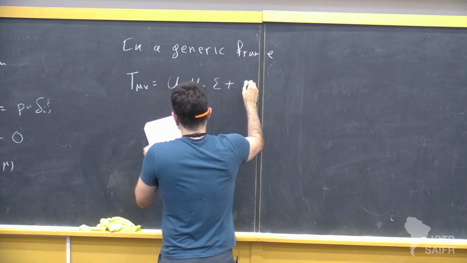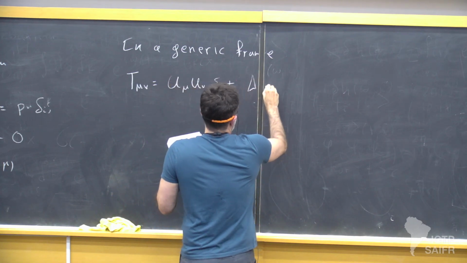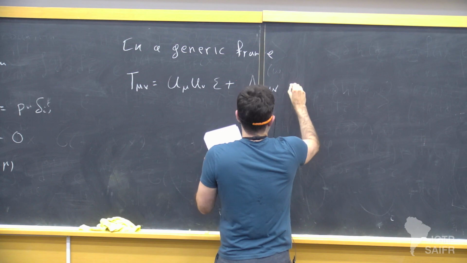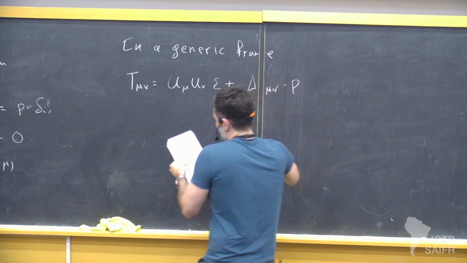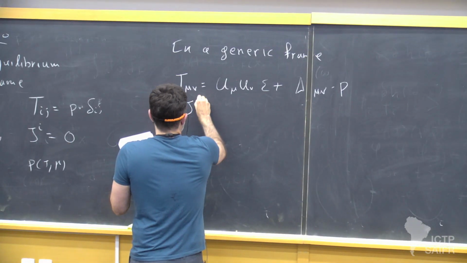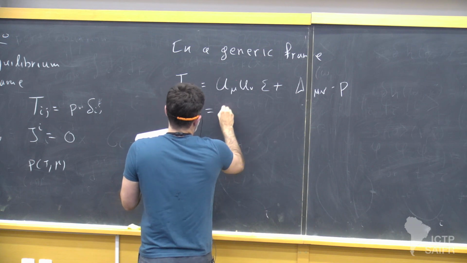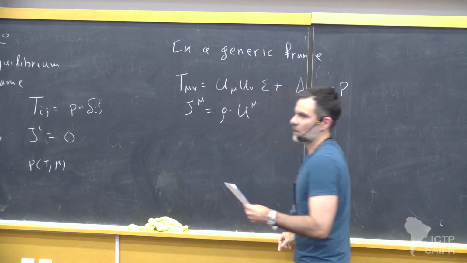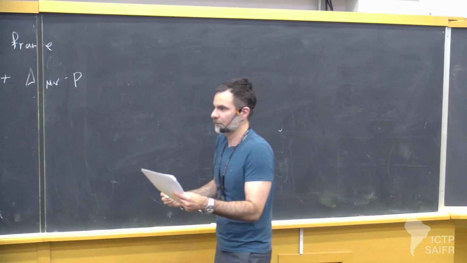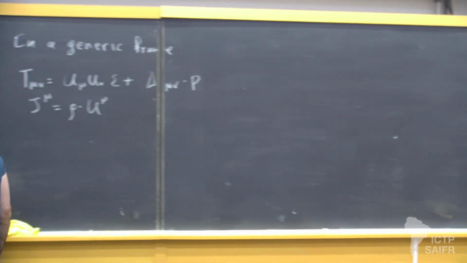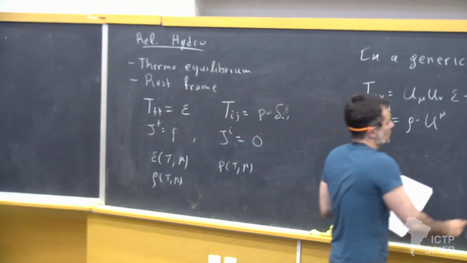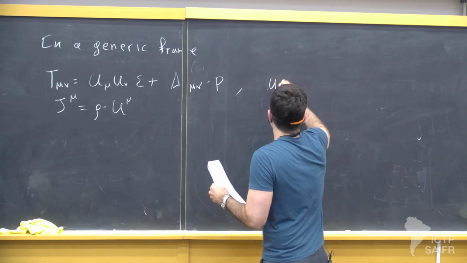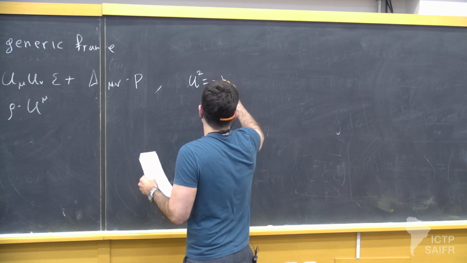Epsilon plus P. You can define a projection operator, delta mu nu, times P. And you know that the current will just be the charge density times the fluid velocity. And since U is a Lorentz boost parameter, U squared should be equal to -1.